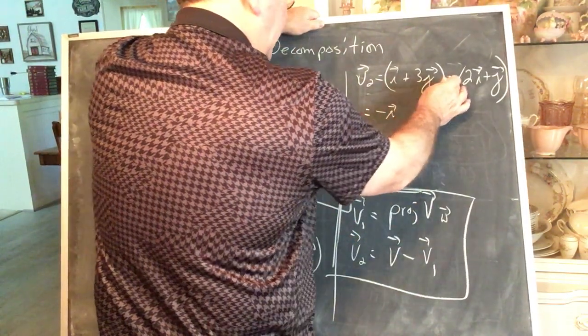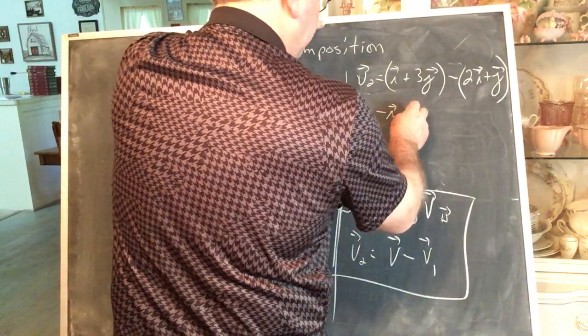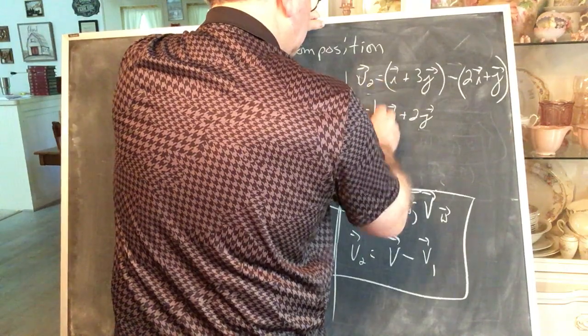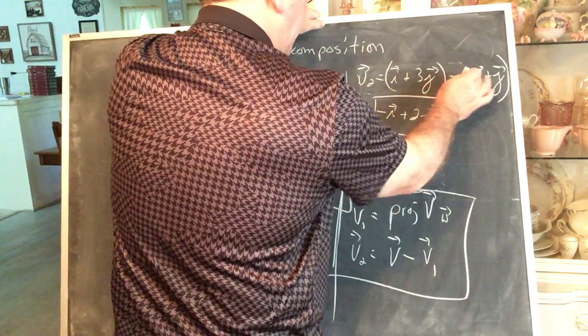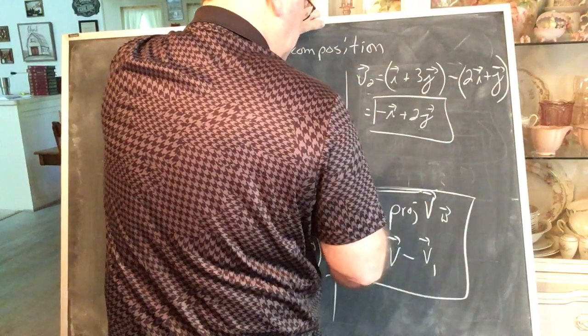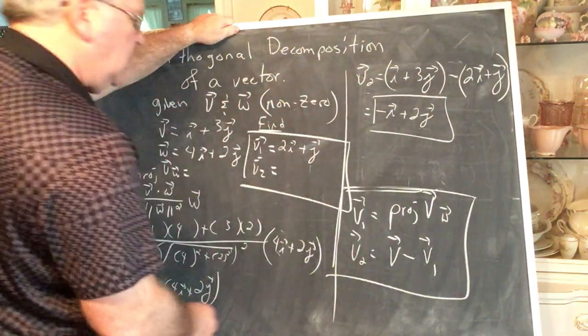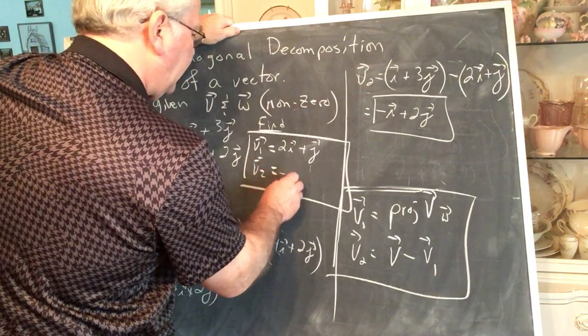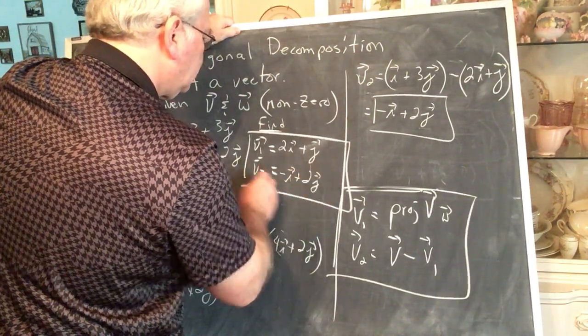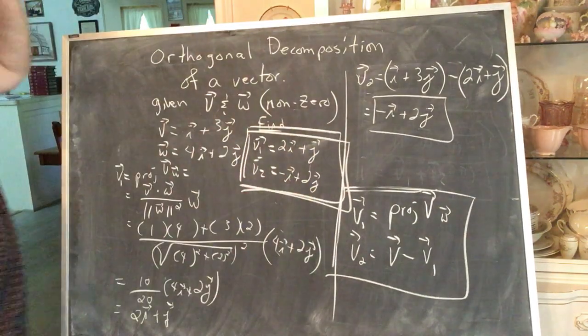This is 3j minus j, which is plus 2j. So that's my vector v2, negative i plus 2j. And those are the two vectors we're seeking.